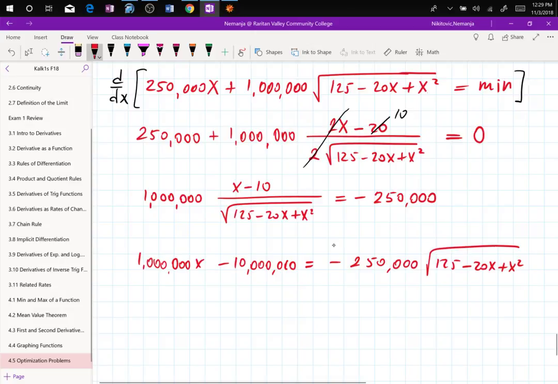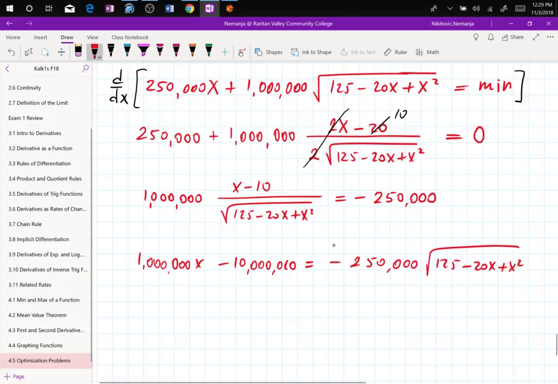It comes up with complex numbers. Oh, I forgot to put a square root. Raised to 0.5. There we go.